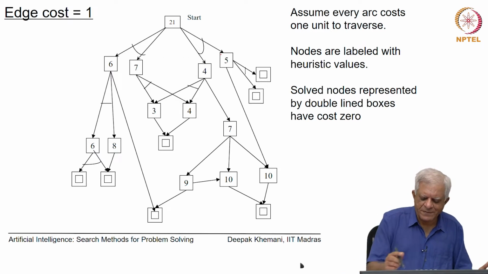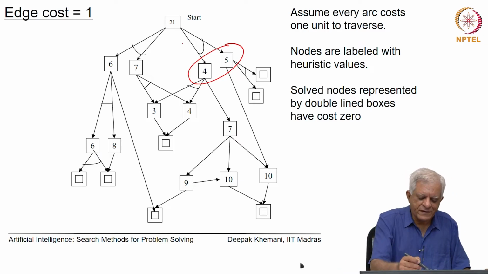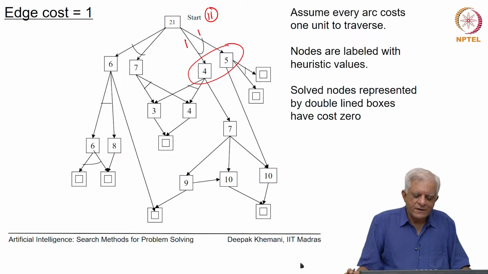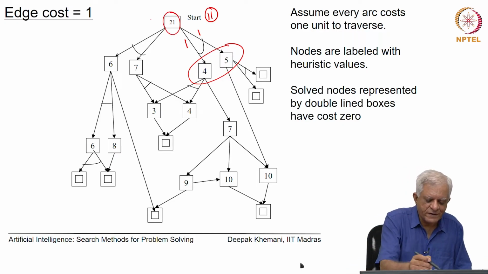So, let us look at a sample here. So, if you are looking at this branch where the heuristic values are 4 and 5, if you add 1 and 1 here, then it becomes 4 plus 1 5 plus 5 plus 1 6, and so this would become 11. You can see that the actual value of 21 is overestimated.